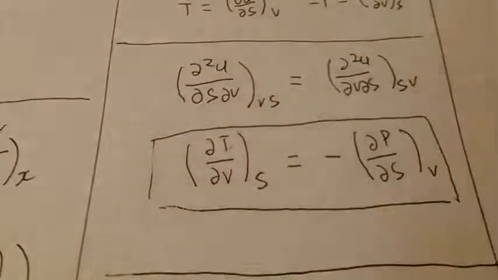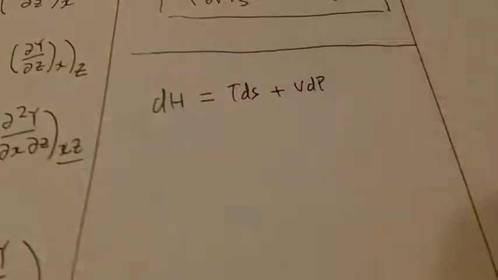Now we want to do the same thing with H. I'm just going to make it a little faster. dH equals TdS plus VdP. So we repeat the same steps as we did earlier.